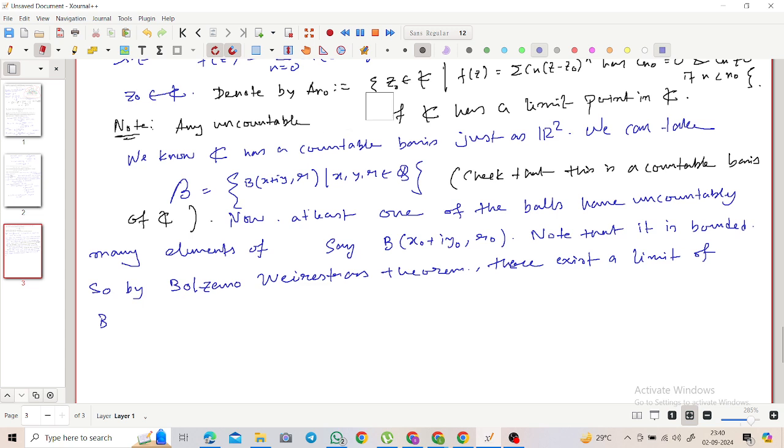First we should name this uncountable subset, otherwise uncountable subset A of C has a limit. So at least one of the balls have uncountably many elements of A.